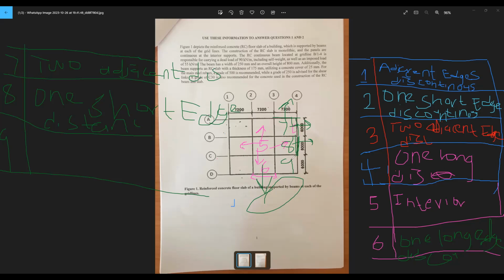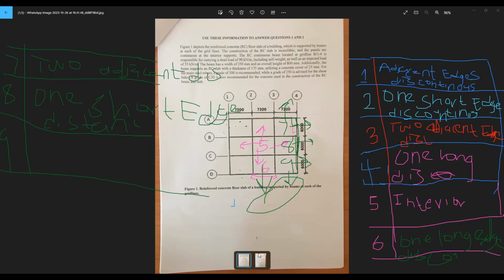You have two adjacent edges discontinuous. Very, very simple. This side gets you out of the whole slab area. This side also gets you out of the whole slab area, and you are having two of such sides getting you out of the whole slab area.